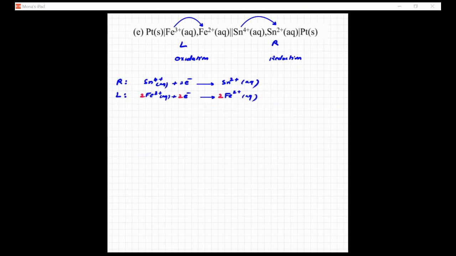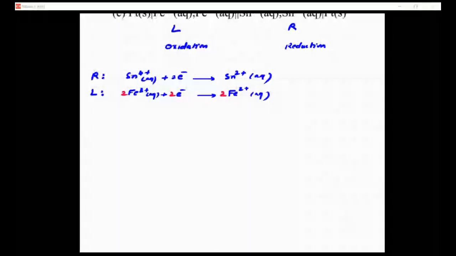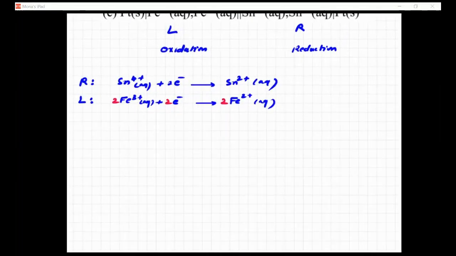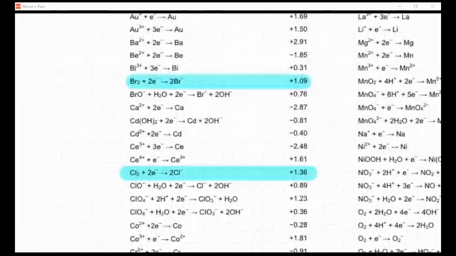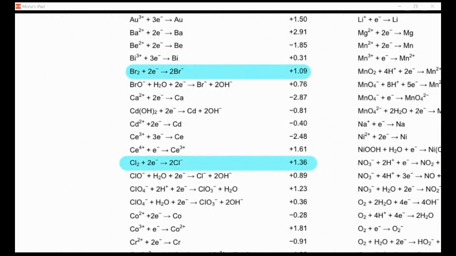But I need to go to the table and read the E right and E left. So E right equals, E left equals. Of course, we have Sn4+ and Sn2+, and Fe3+ and Fe2+. Now let's clear what we have here.